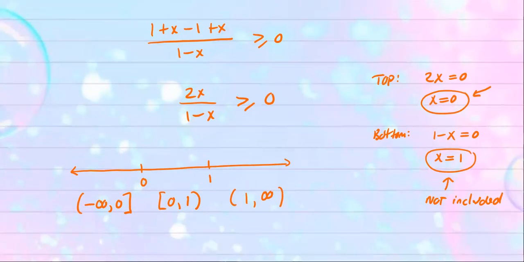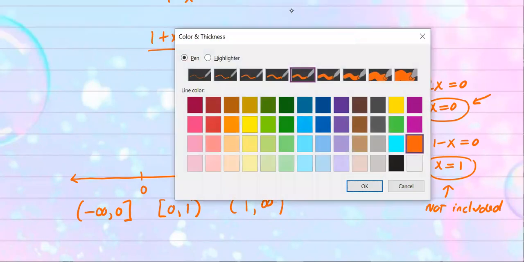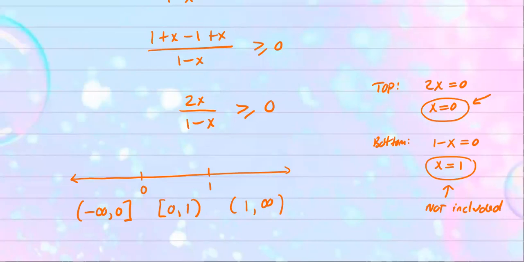Well, now we have the intervals. Now we just need to select a test value and plug it into the expression. So what are some good test values? From the first interval, negative infinity to 0, we'll test negative 1.